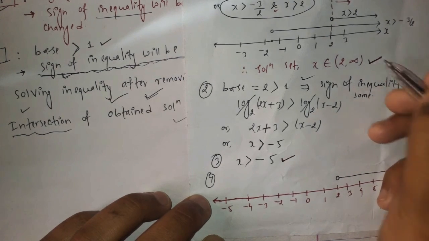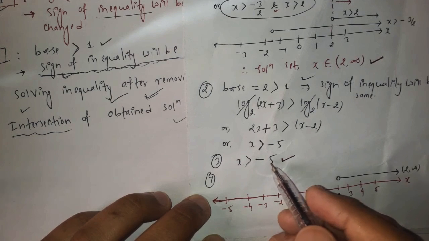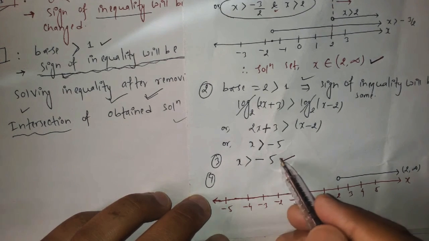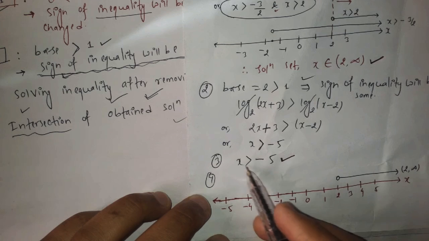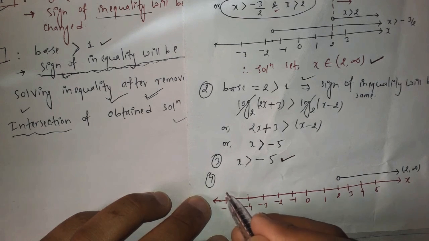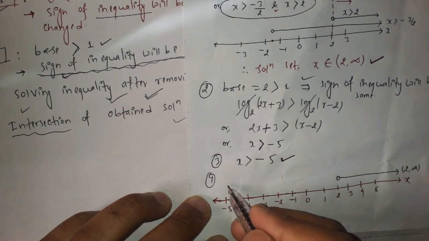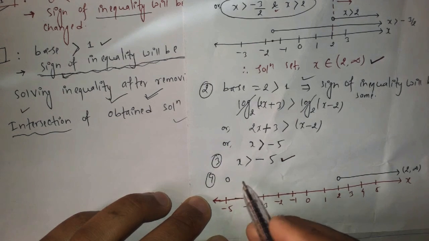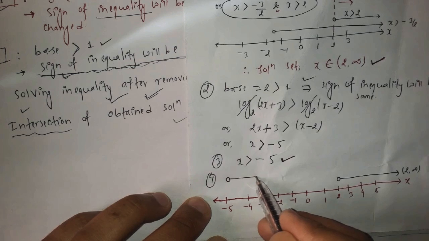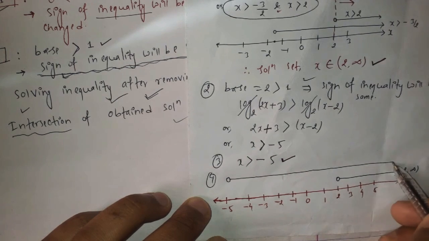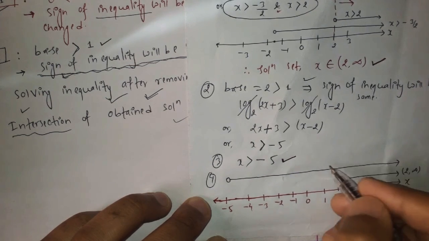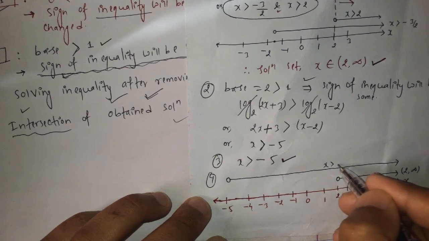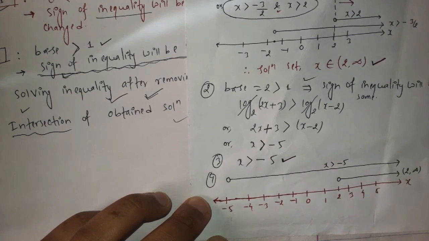This is the first solution set. Similarly, we can plot the second solution set, x more than -5. Here -5 is not included, so x greater than -5 will be to the right of -5.